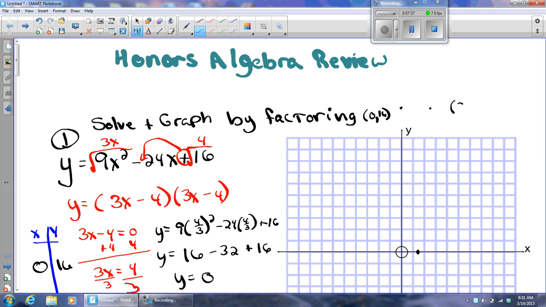That's going to be the point 2 2/3 and 16. And then I can draw my parabola, hopefully. It's not going to look very U-ish, but you'll get the idea. Okay, so there is how you solve one by graphing.